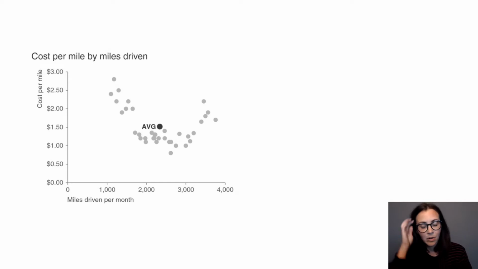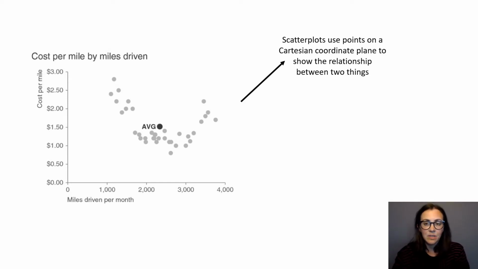So one of the most common forms of data visualization is a scatter plot. In a scatter plot, there are points on a coordinate plane to show the relationship between two things. In this example, from a trucking company, it's showing miles driven per month and the cost per mile. If you look at the x-axis, which is the horizontal one, it's miles driven per month. And on the vertical or y-axis, it's cost per mile.